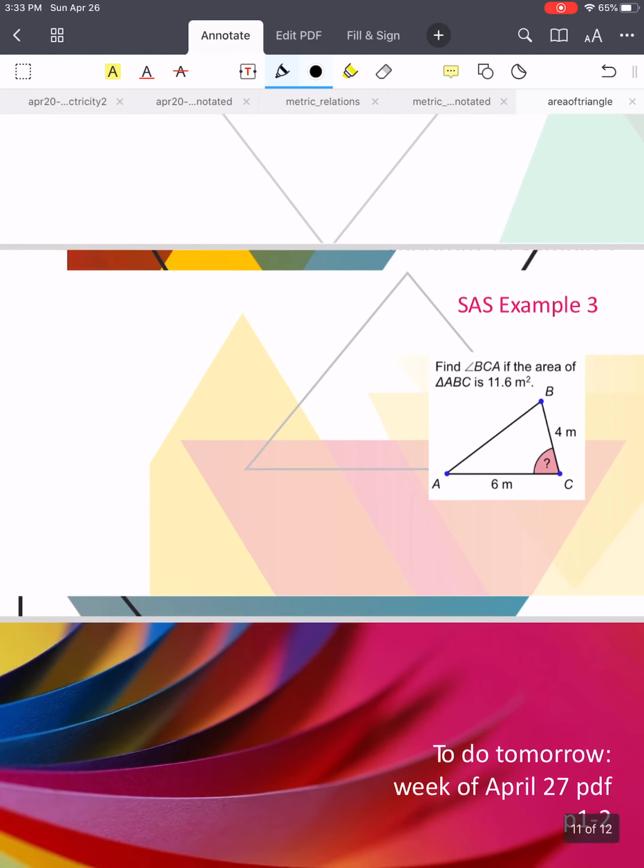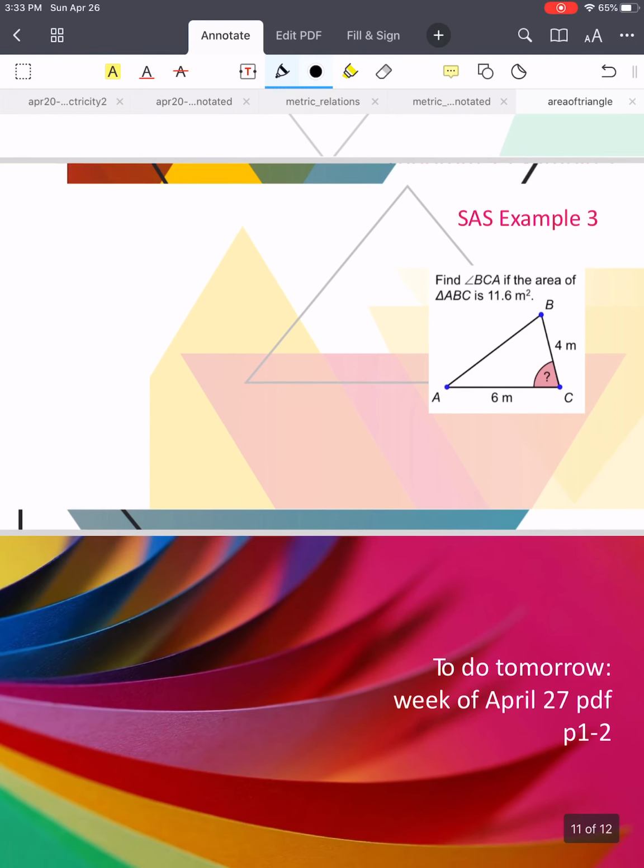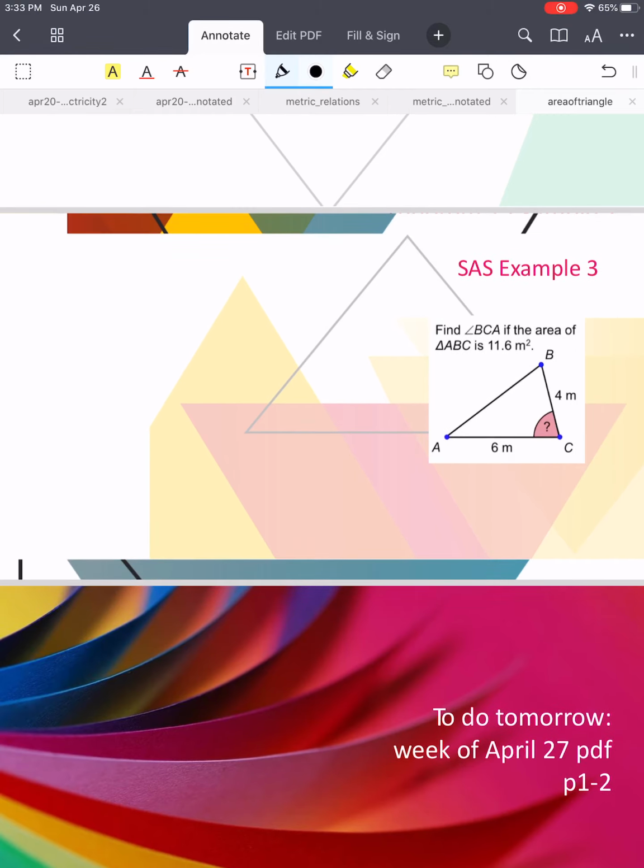Let's do one more example. This says find angle. This one's a little bit different. We want to find angle BCA if the area of ABC is 11.6 square meters. We can label our sides. Instead of looking for the area, in this case we are looking for the angle.